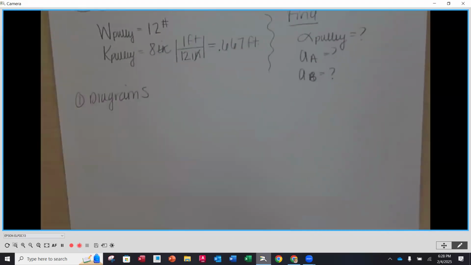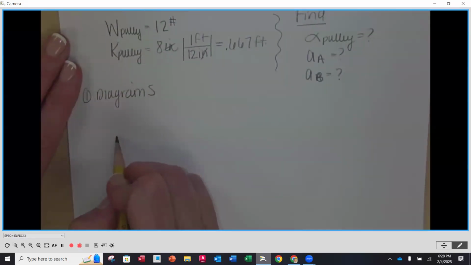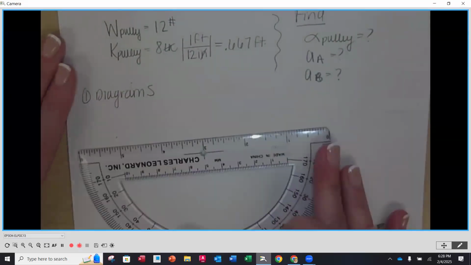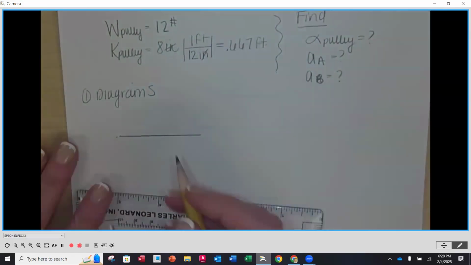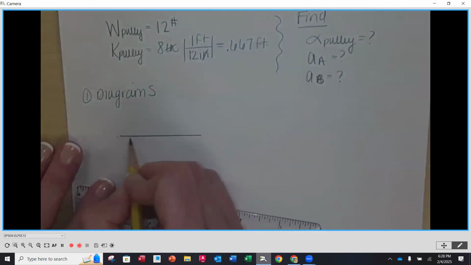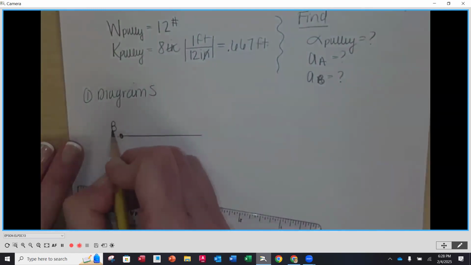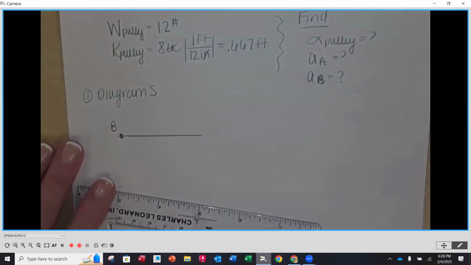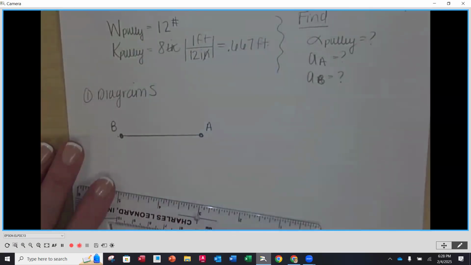Now, these are circles, so I'm not going to draw the circles, but what I'm going to draw is a straight line, using my protractor here. The left side here is going to be where block B pulls down on the end, and the right-hand side is going to be where block A pulls down.